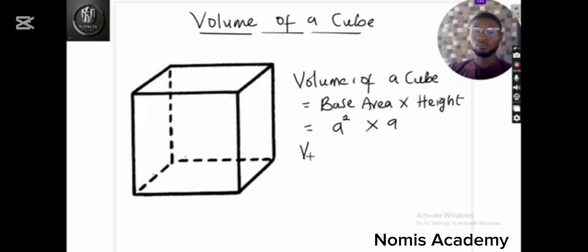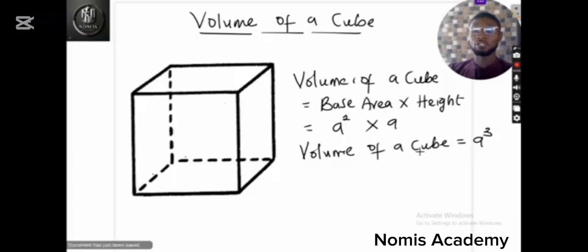Therefore we say volume of a cube is equal to a cube. That's funny. So volume of a cube is equal to a cube.